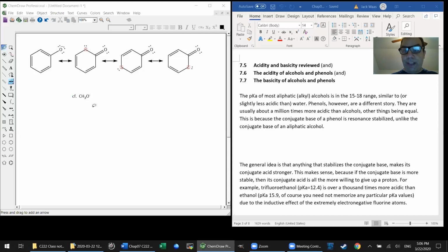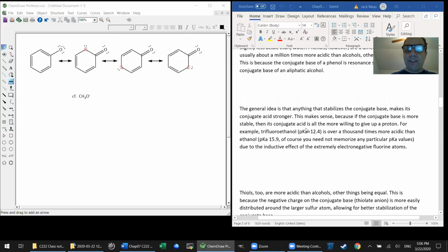Oxygen is at least quite electronegative, but how much better still to spread out the minus charge like we can in the conjugate base of phenol. So this is why aliphatic alcohols are so much less acidic. Their conjugate bases, which are alkoxide ions like this, have the minus charge localized on the oxygen, whereas in the phenolate ion, it's delocalized.